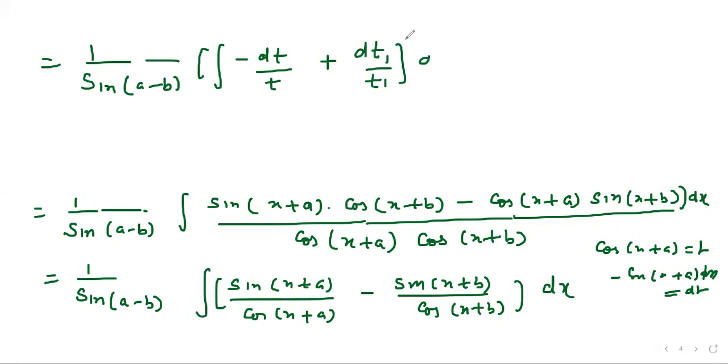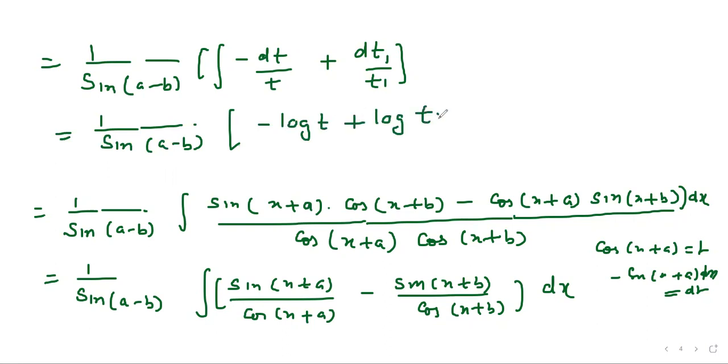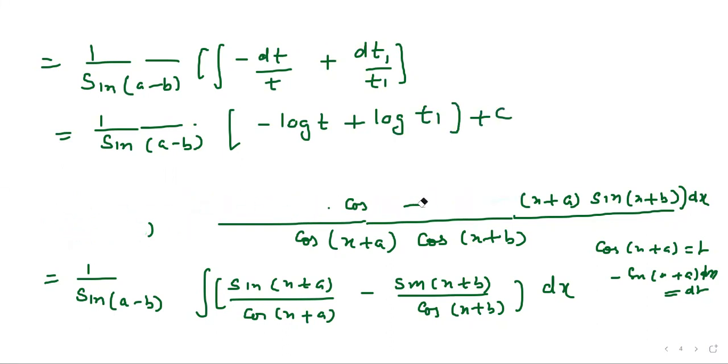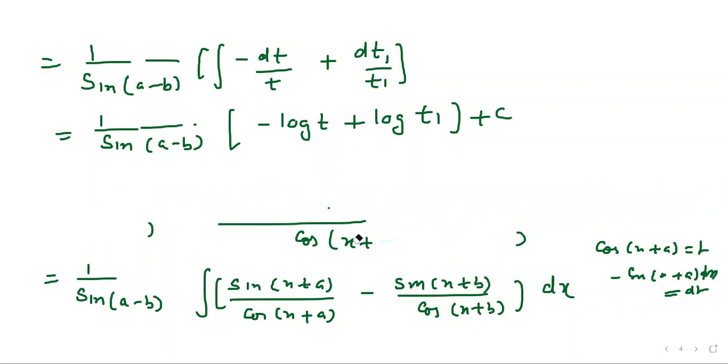Now we further simplify. So what do we get? 1/sin(a−b), and this will become −log t plus log t1 plus c. Now we put the values of t and t1.